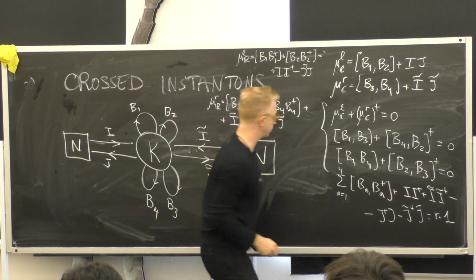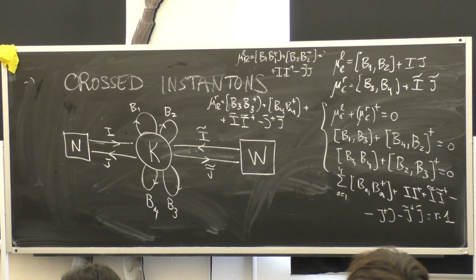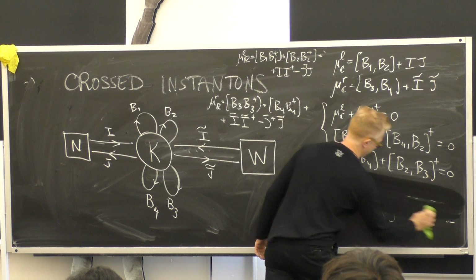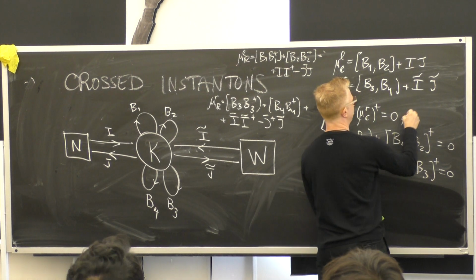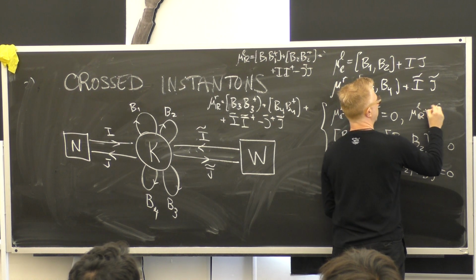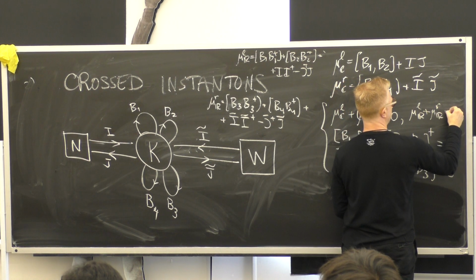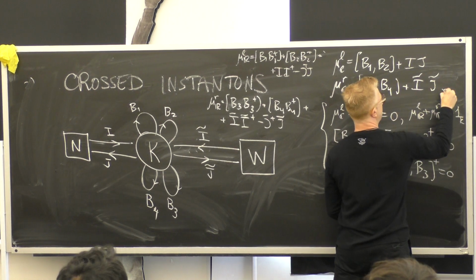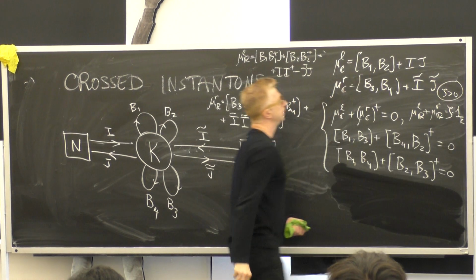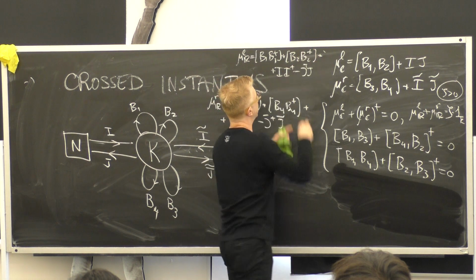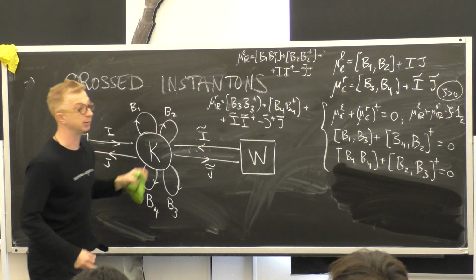So this last equation is just a sum. I'm just adding up the equations. Mu R left plus mu R right is equal to a number zeta. There is no point in taking the Hermitian conjugate because this is a Hermitian matrix, a Hermitian operator.